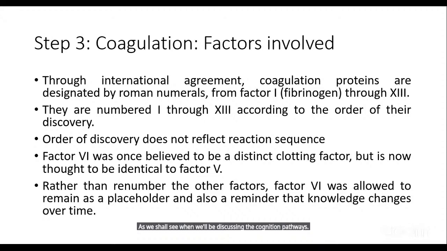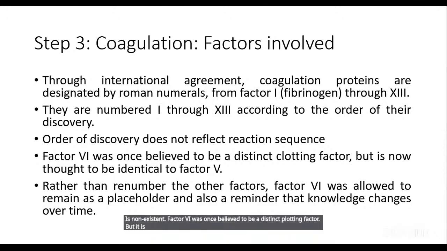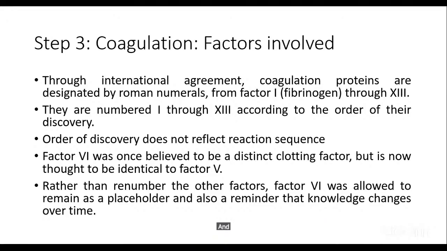Now, also take note that factor 6 is non-existent. Factor 6 was once believed to be a distinct clotting factor, but it is now thought to be identical to factor 5. And why is it that it was not scrapped off?